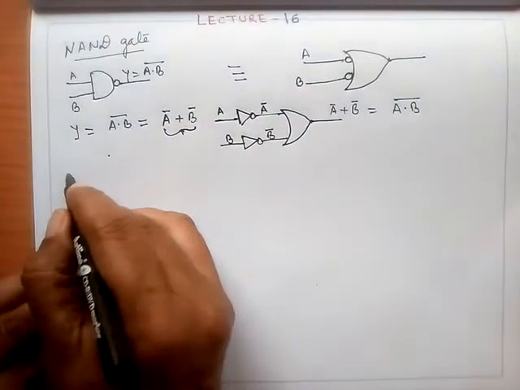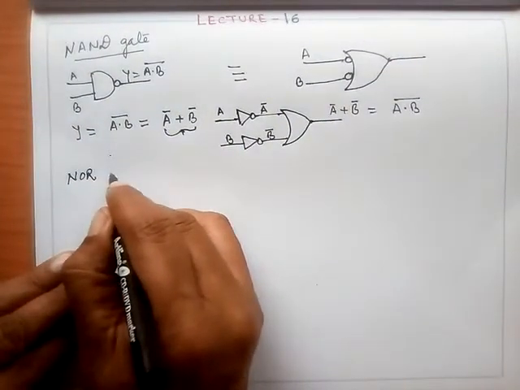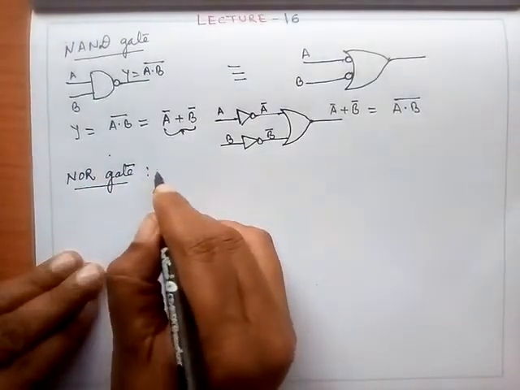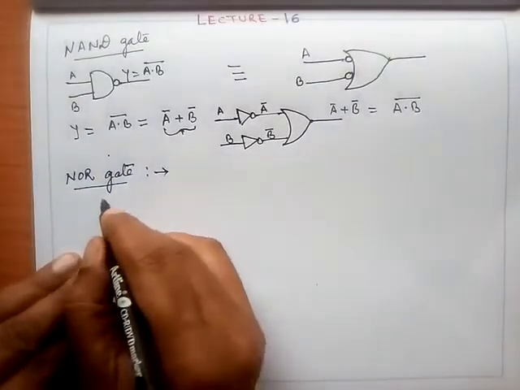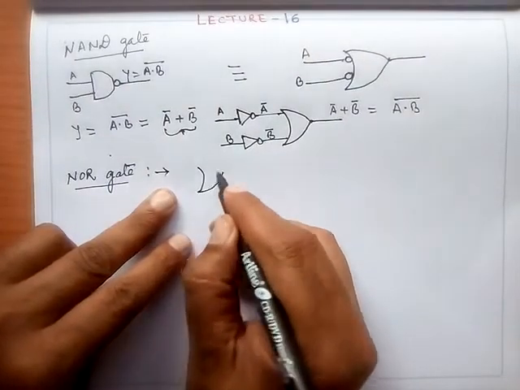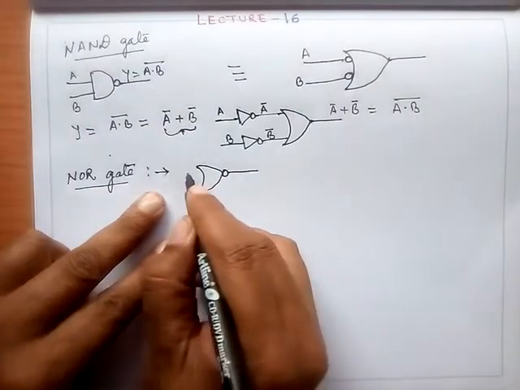Similarly, if I talk about NOR gate, look at this NOR gate. The symbol for NOR gate, as I told you, is an OR followed by a NOT gate, and I am showing only the bubble of the NOT gate.